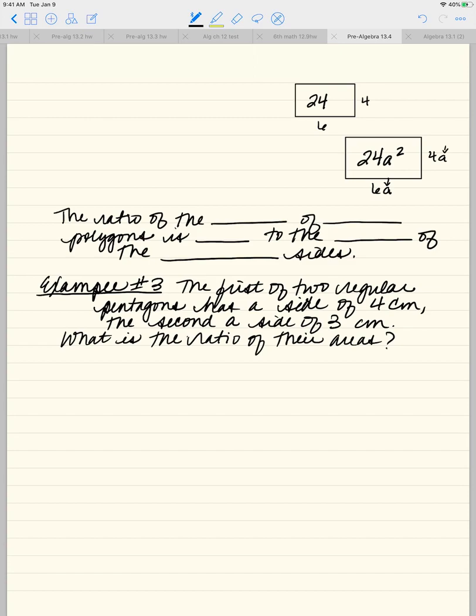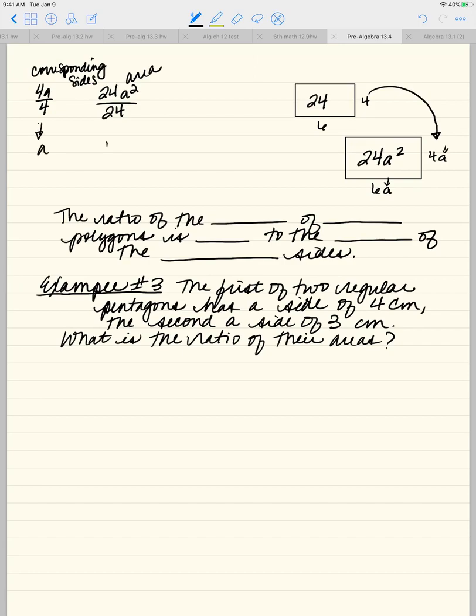So, excuse me, we end up with 4a over 4. Here's a ratio of corresponding sides, okay? What is the ratio of our areas? The ratio of our areas is 24a squared over 24, and this is the ratio of the areas, okay?